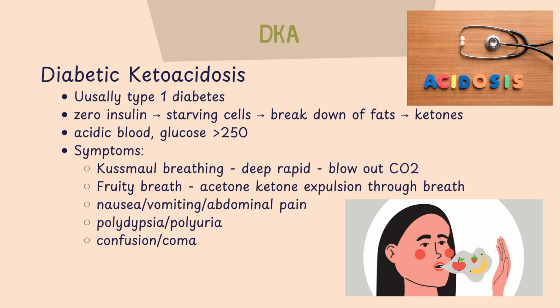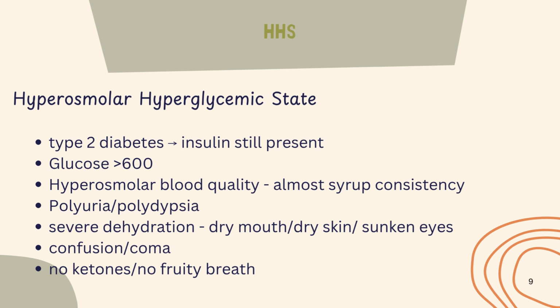And in something a little bit different, we have HHS, which is hyperosmolar hyperglycemic state. And that's usually a crisis in people with type 2 diabetes. And the key difference here is that the patient's still able to make some insulin, but it prevents the body from making ketones.